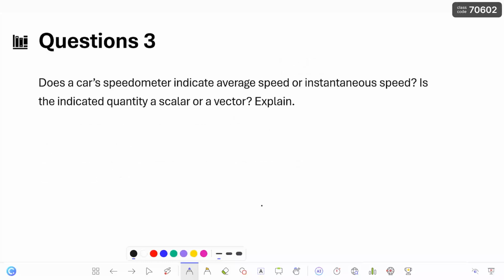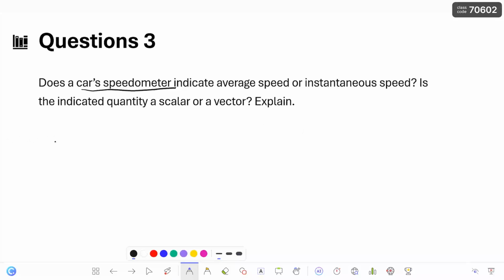Okay, next question. Question 3. Does a car speedometer indicate average speed or instantaneous speed? Is the indicated quantity a scalar or a vector? You have to explain. The car speedometer actually shows the speed at a particular time. It doesn't show the average speed from the beginning of the journey to the end of the journey.